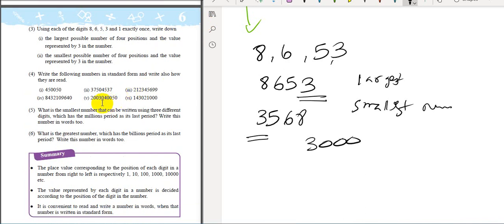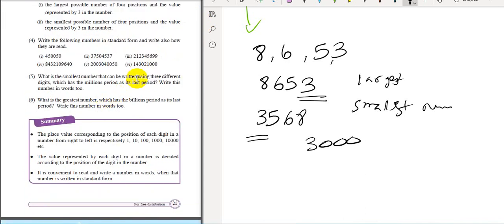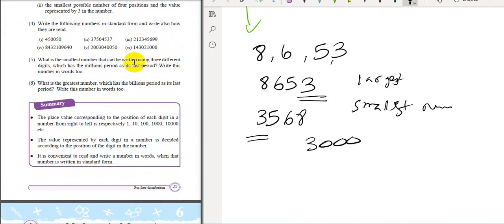Write the following number in the standard form and also how to read and write it. That we have done already. We'll do the one question. 2 1 2 3 4 5 6 9 9. Separate into 3s.